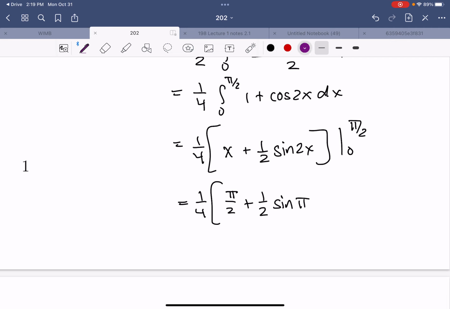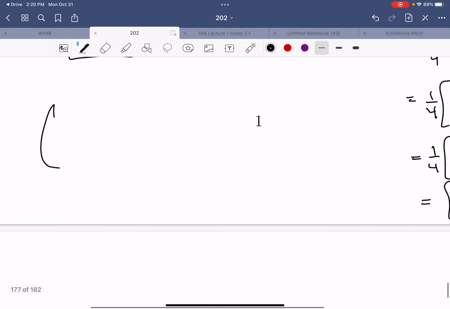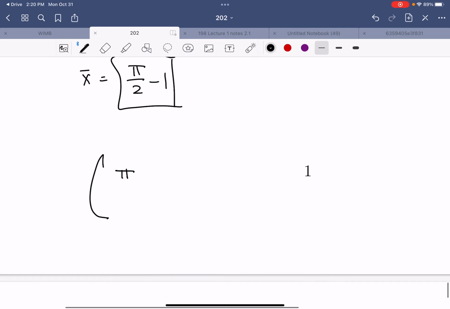Sine of pi is 0. Minus, when you plug in 0 for x, you get 0 minus 1/2 the sine of 0, which is also 0. And that's going to give me pi over 8. So my center of mass happens to be pi over 2 minus 1, comma, pi over 8.